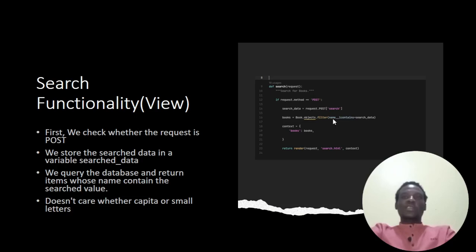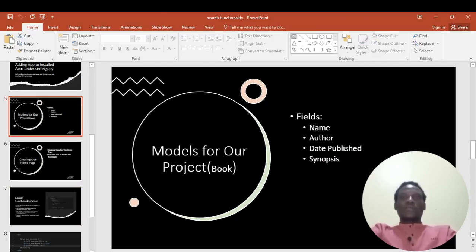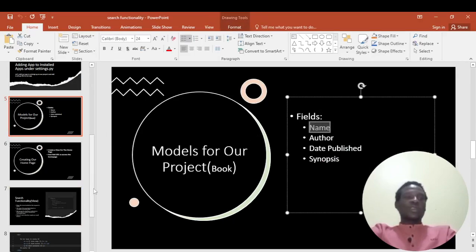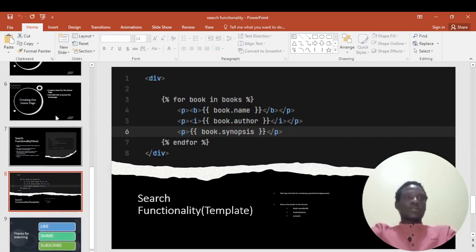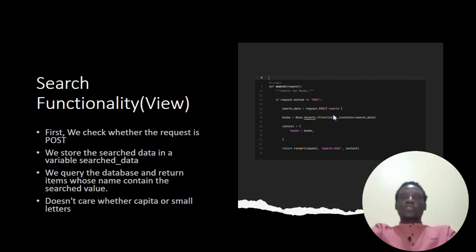In my database, I have the field name that we are going to use for querying. So make sure at this part you use the field that you want to use for querying, then double underscore, then icontains, then equals to, then the searched data.